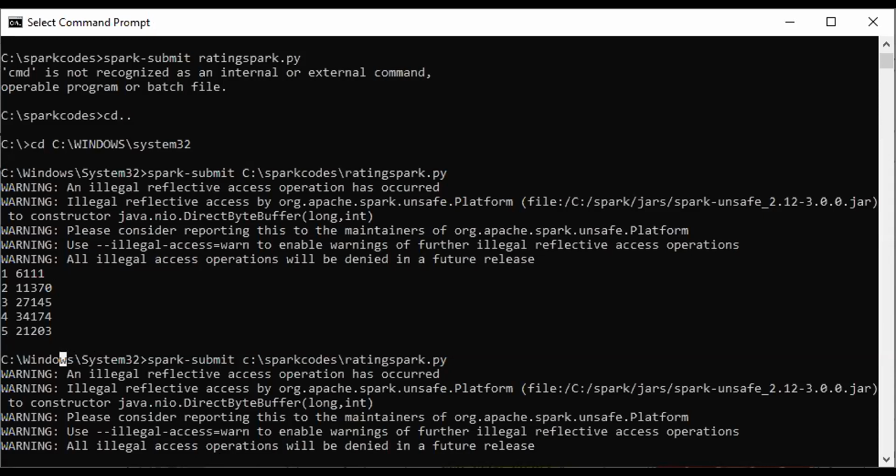If you install successfully, you should get these numbers like 611, 1137, and 5 star should be 21,203.